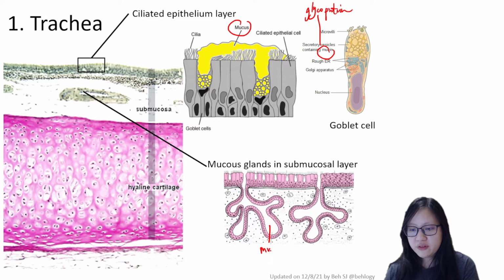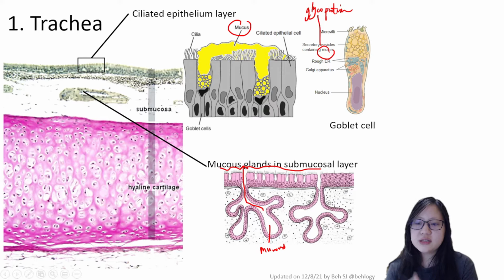They are filled with mucus, which gets secreted out of the submucosal layer to the ciliated epithelial layer and forms the mucus that covers the cilia. So that is the ciliated epithelial layer, goblet cells within it, and the mucous glands in the submucosal layer.